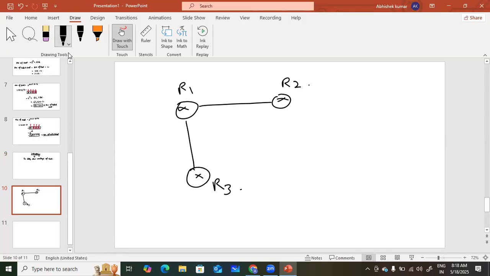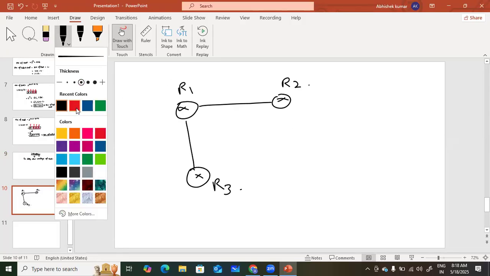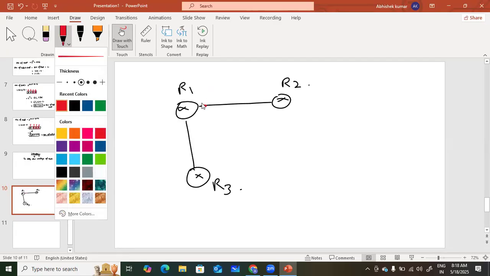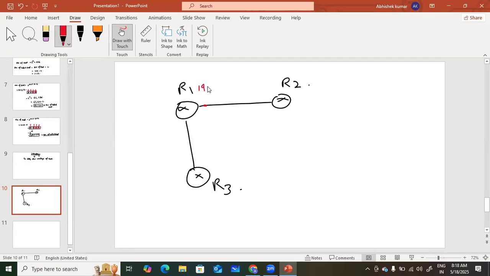I choose to have a class C IP address. On R1, on one of its interfaces, I have configured 192.168.10.1.